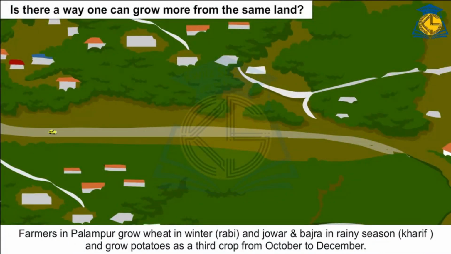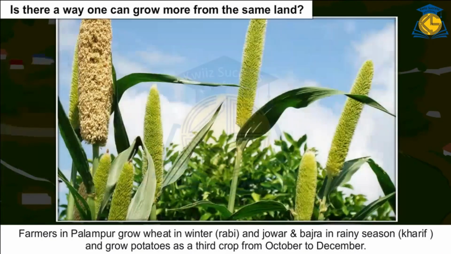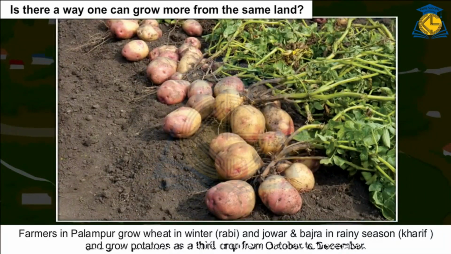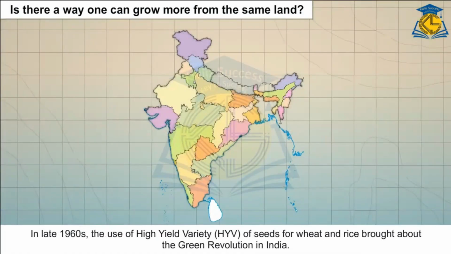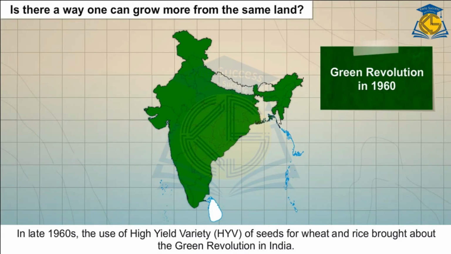Farmers in Palampur grow wheat in winter, rabi, and jowar and bajra in rainy season, kharif, and grow potatoes as a third crop from October to December. In the late 1960s, the use of high-yield variety of seeds for wheat and rice brought about the Green Revolution in India.